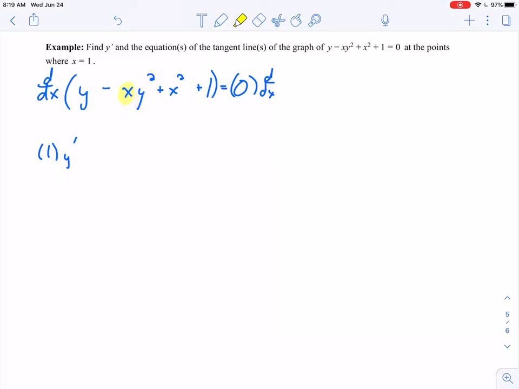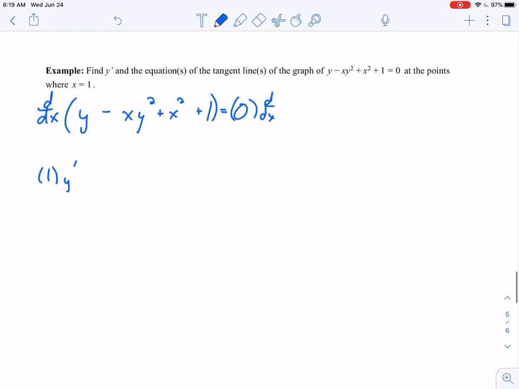I actually have a product rule happening here. We said earlier, if you ever have a power of x times a power of y, that's going to be a product rule. So again, be very careful with this guy right here. We have to use our product rule.